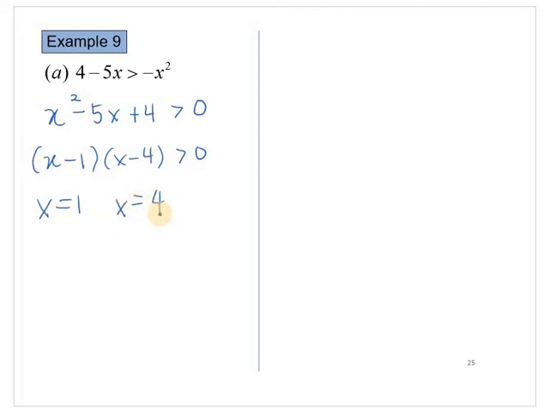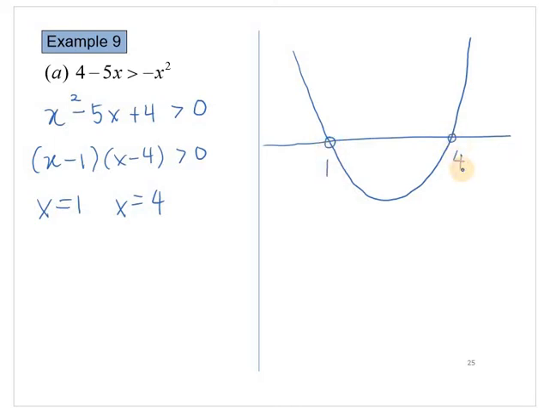Step 4, sketch the graph. It will always be a smile shape because we let a equal 1, which is positive. Then we have 1 here and 4 here. Why do I draw an empty circle? Because we have greater than, so 1 and 4 are not included.